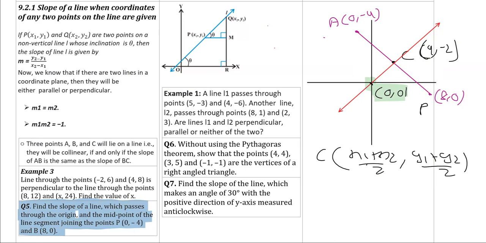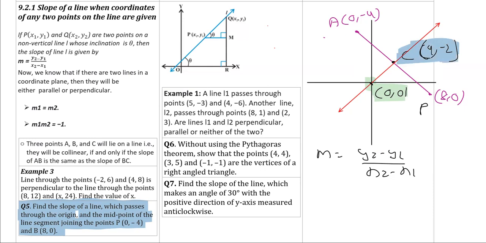So once we get these 2 points, we can apply the two-point form to find its slope. Using this formula, m is equal to y2 minus y1 over x2 minus x1. We have one point as 4, minus 2, and another as 0, 0.